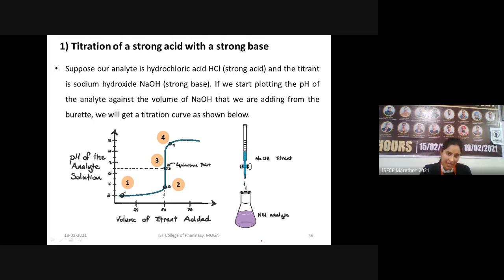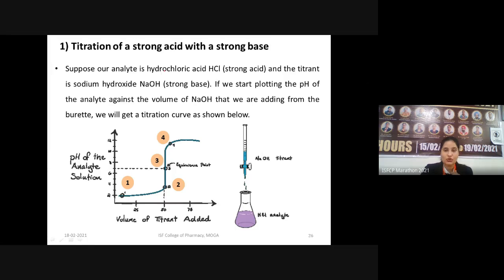So we have taken the HCl solution below in the conical flask, and we have the titrant. The titrant is the base sodium hydroxide, whose concentration is fixed. It will act as a standard solution. We have taken that in the burette.